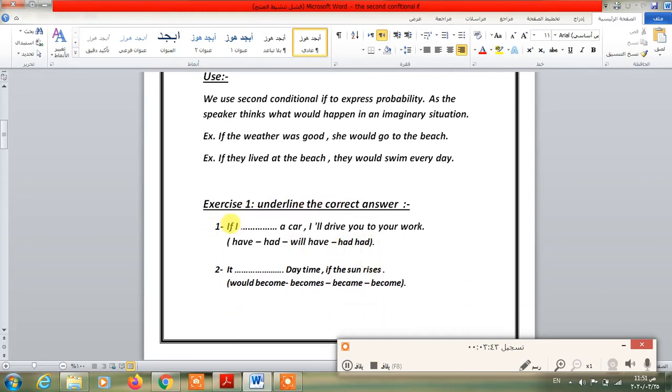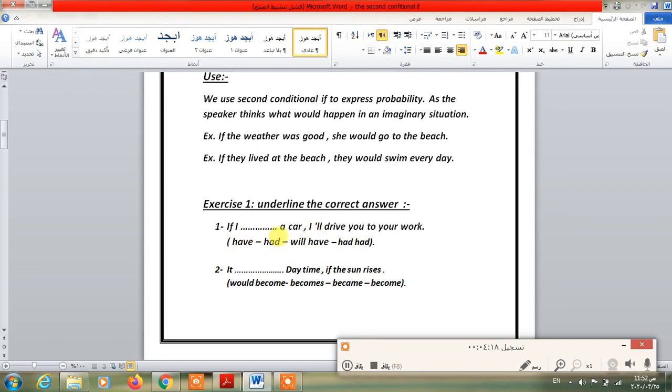If I have a car, I will drive you to your work. The second sentence consists of future: I'll means I will, so the first sentence is I have or I had? The right answer is I have. If I have, I will.